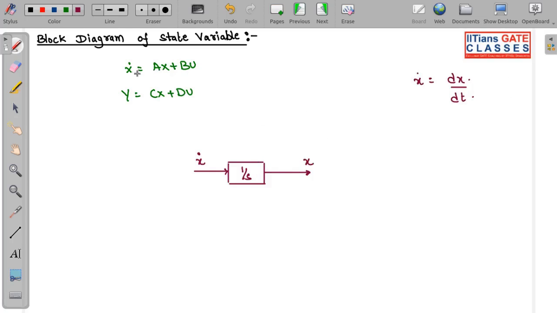Now look over here, basically x dot is equal to Ax. So now I am going to feed this x through a block A that has gain A. So you can see now I have Ax over here.